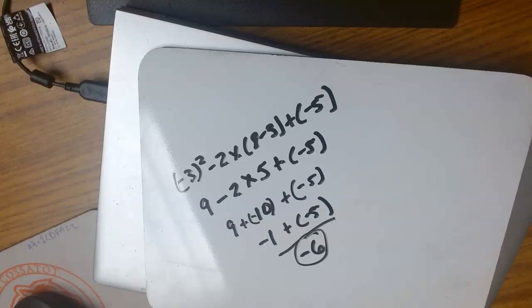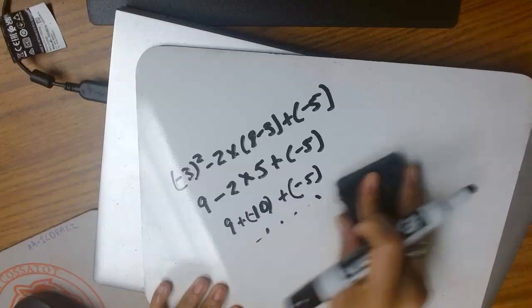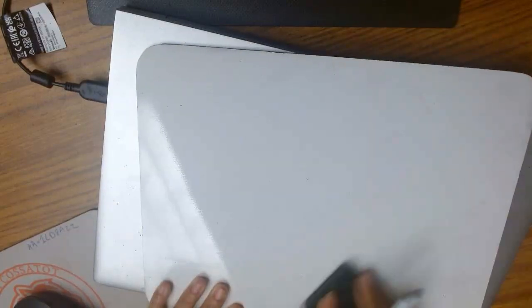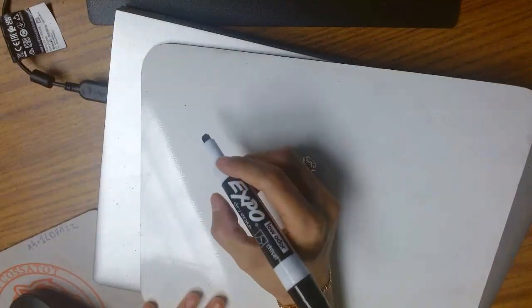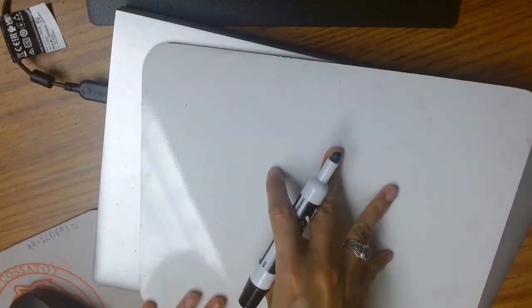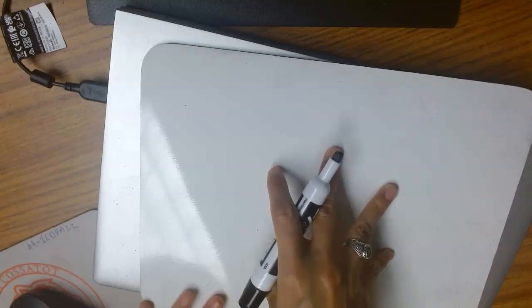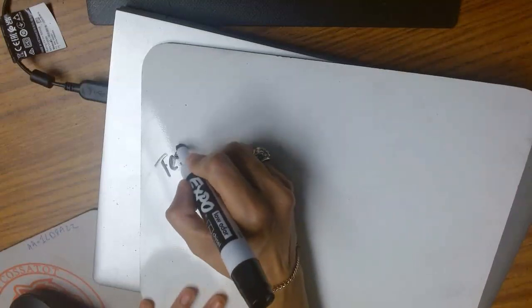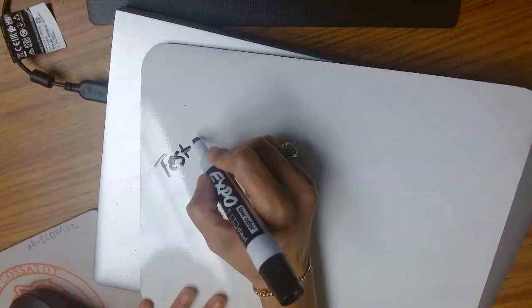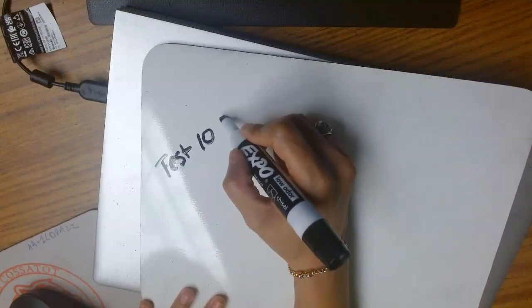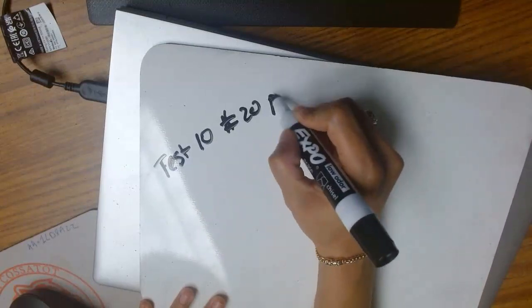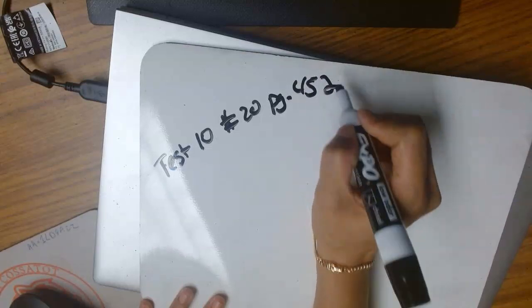Now then, there's another problem that I want to work out with you before I add this video to your announcement page, and that is the question for test 10, chapter 10, number 20, from page 452.